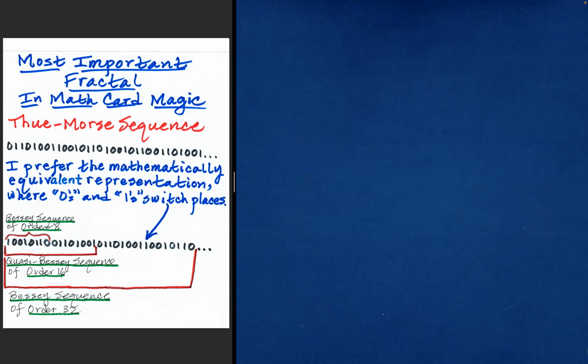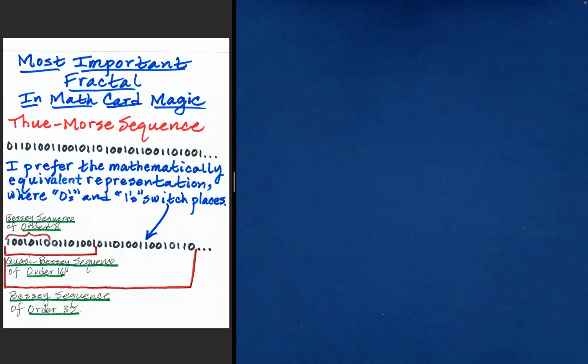Okay, and it gives rise to some really interesting geometric representations as well that I can link below in the description, or if you just look it up, you'll find that the Thue-Morse sequence can in fact generate traditional fractals.